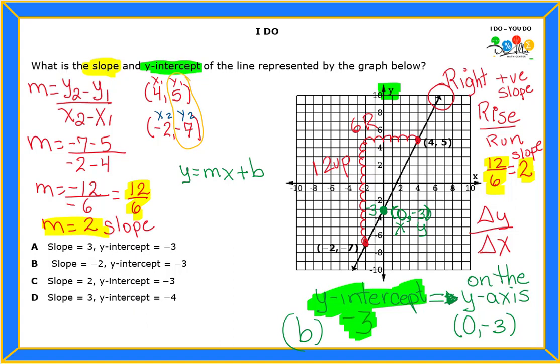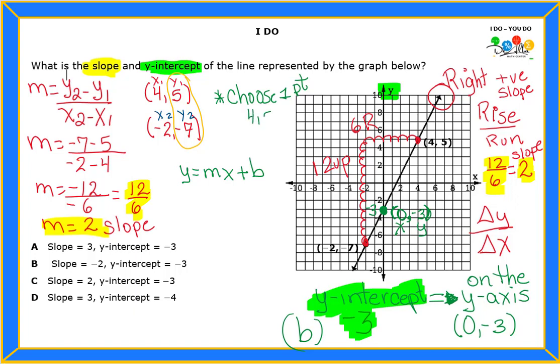So we're going to pretend I haven't discovered what my y-intercept was. So I'm going to choose one point from the 2 points that are given to you.